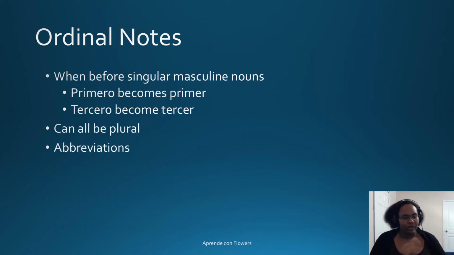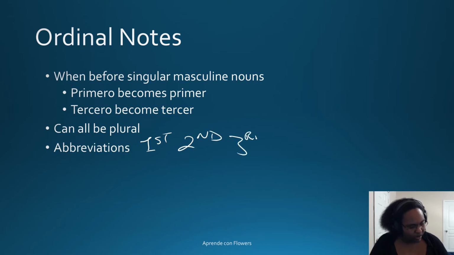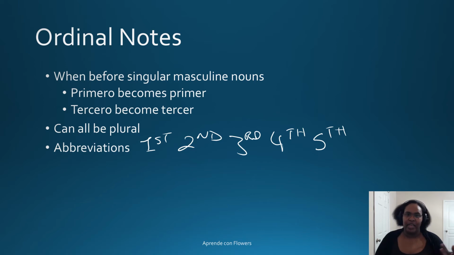When it comes to abbreviations, like in English, how we have first, second, third, fourth, fifth, and so on, we have that in Spanish too. But it's easier because you just have to think about if something's masculine or feminine.